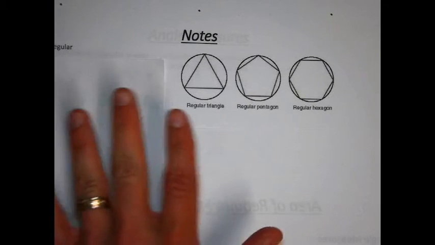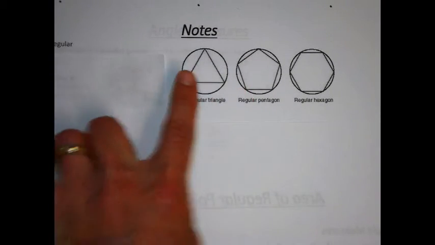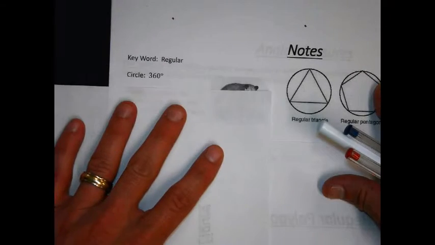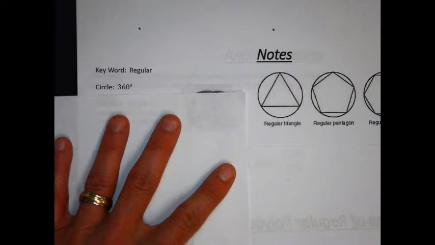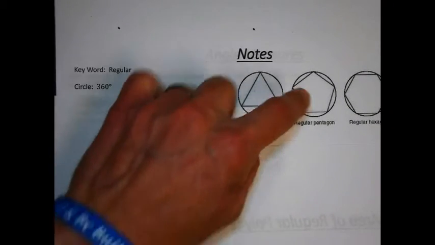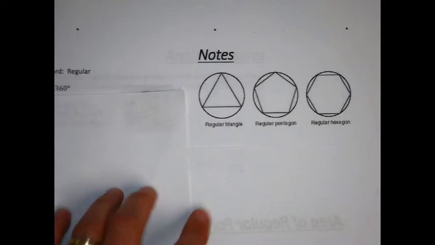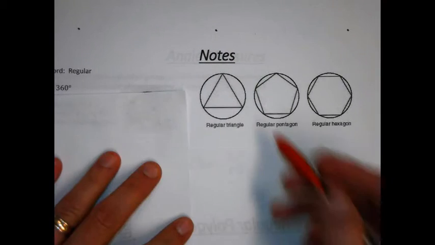And I know you're thinking right now, cats, what's with the circles? I'll get to that in a second. The reason I'm showing circles is that from the center of each of these regular polygons, we can circumscribe a circle around that center, and it'll touch all the vertices of a regular polygon. That's an interesting thing.